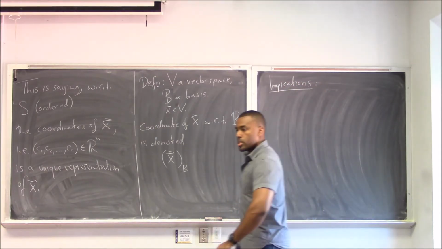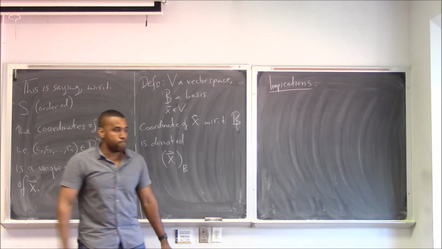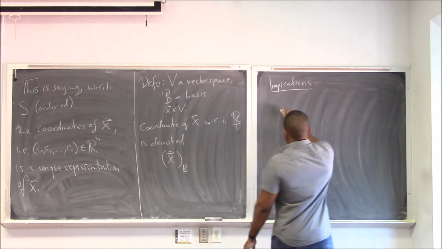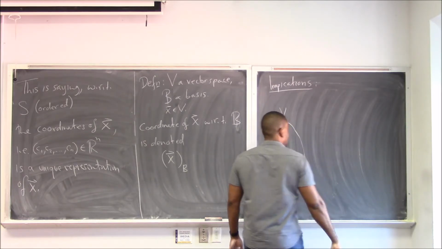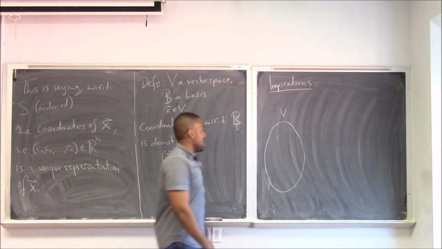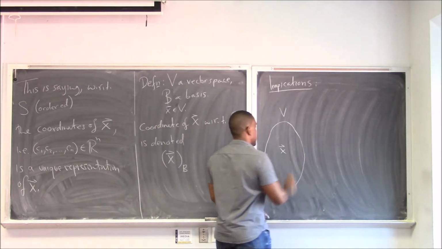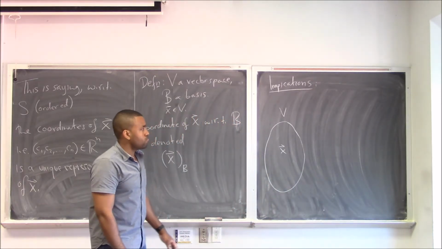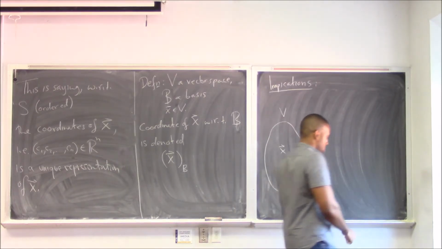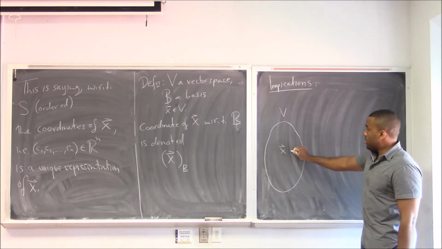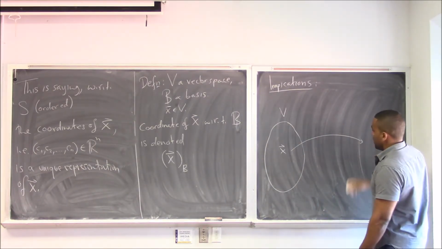Let's briefly talk about some implications of this. So here's my vector space V, and I have some x vector living in V. I have some basis that I can write the coordinate with. Let me think of that as a function.